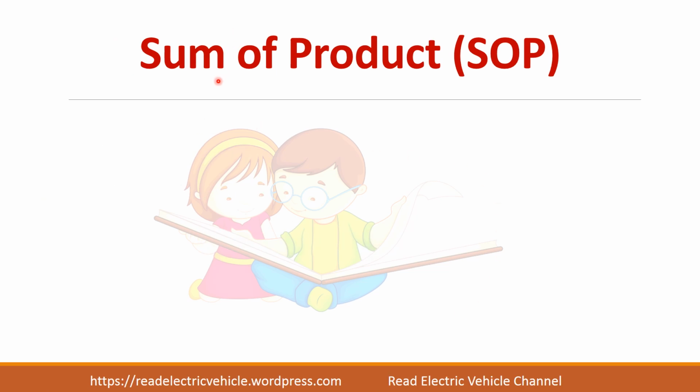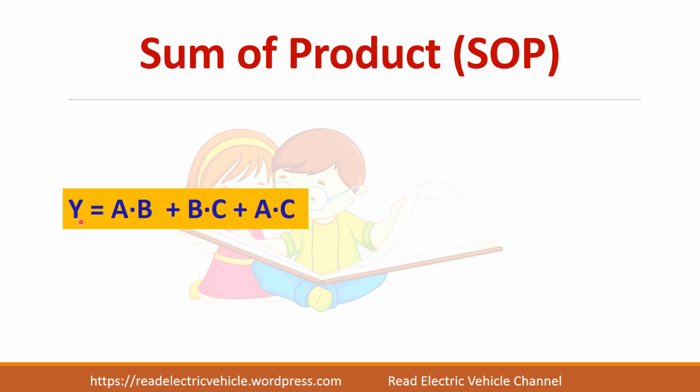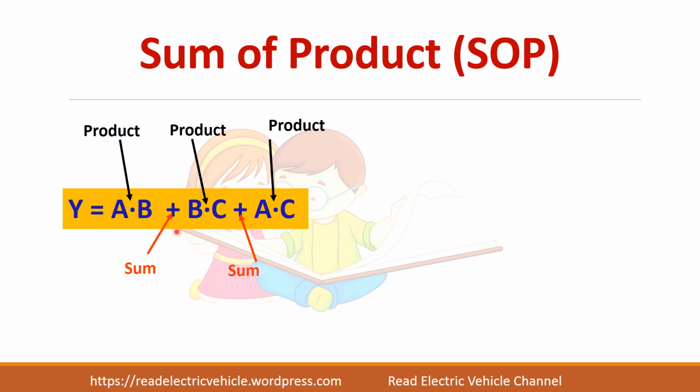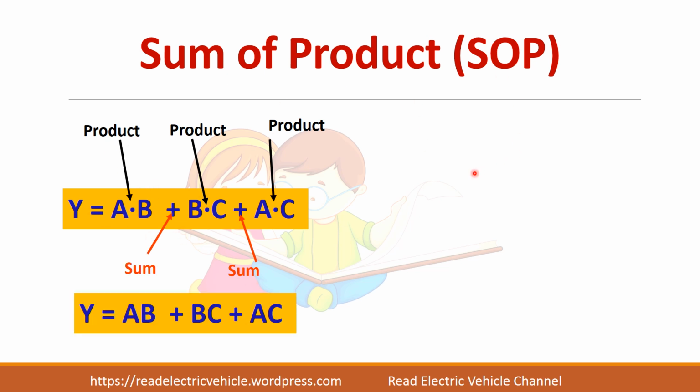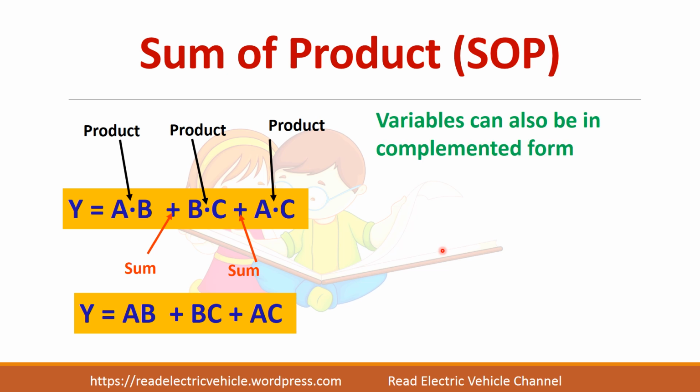Let us see in detail about sum of product form. So y is equal to AB plus BC plus AC. All products are summed here. So this is sum of product form. Instead of the dot symbol, I can simply write it like this also. Both are acceptable.